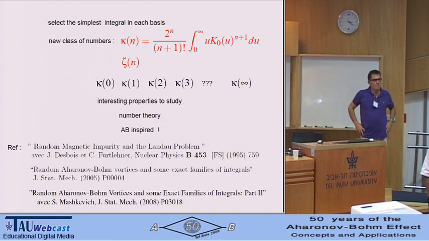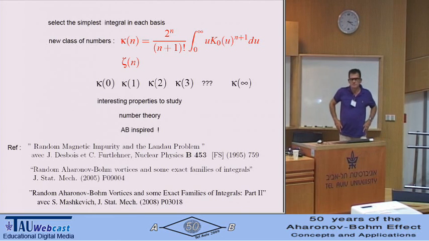Any other questions? What has it to do with the giant magnetic resistance, you know? So the question is, has this something to do with the giant magnetic resistance? Because I see your first reference is 95. There was a work by a guy named Nielsen and a few other guys.